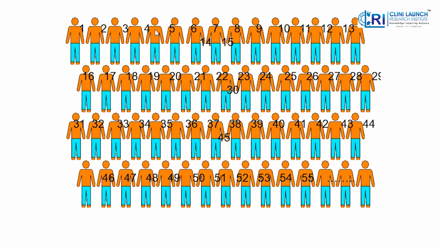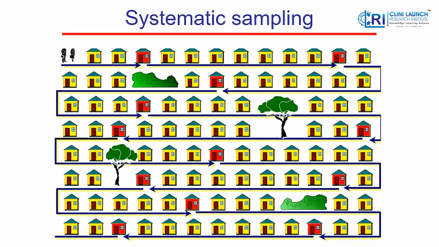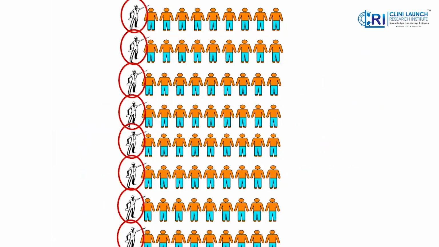First you have the fourth number, and after every 10th element you have to select, and fourth is your first number, then 14, then 24, 34, etc. So in this manner you have to go in systematic sampling. This is the example that I want to show you. This is a particular scenario.